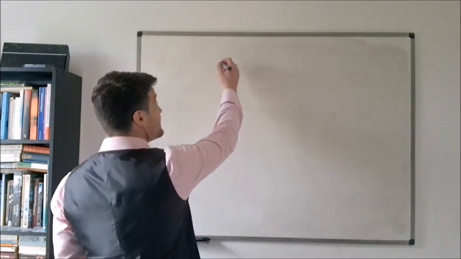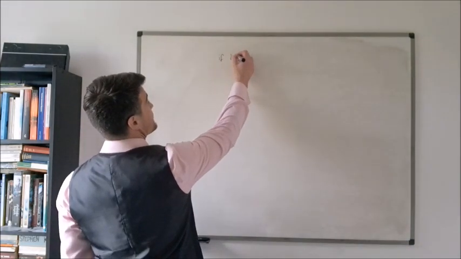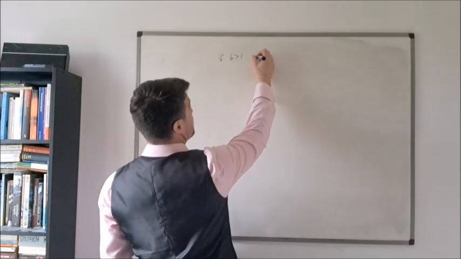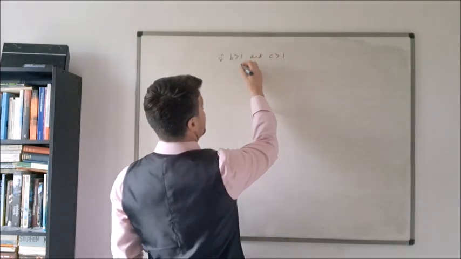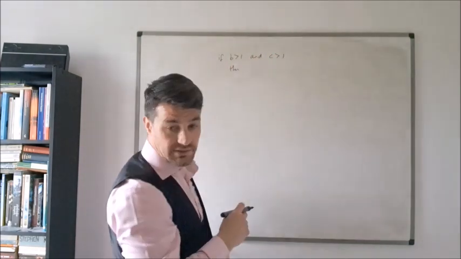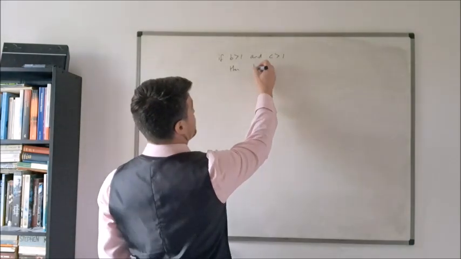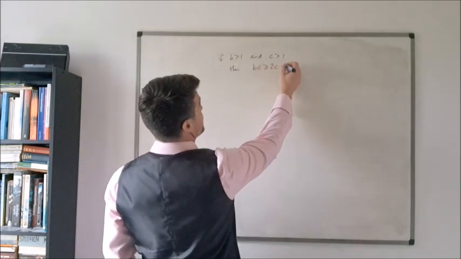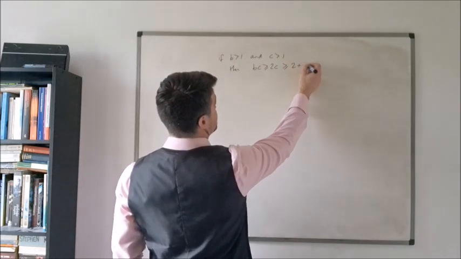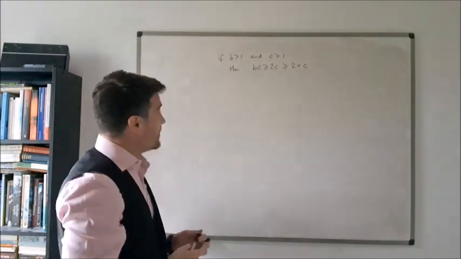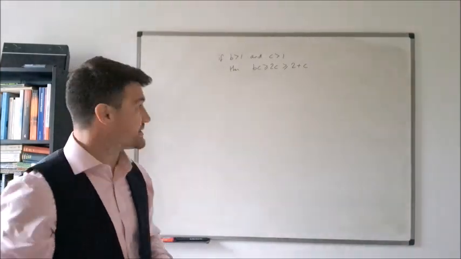Prove that if B is greater than 1 and C is greater than 1, then BC is greater than or equal to 2C, which is greater than or equal to 2 plus C. So how are we going to do this?